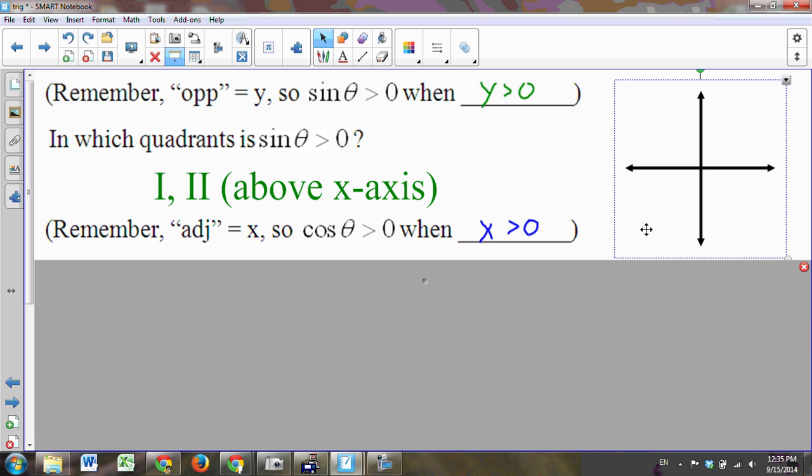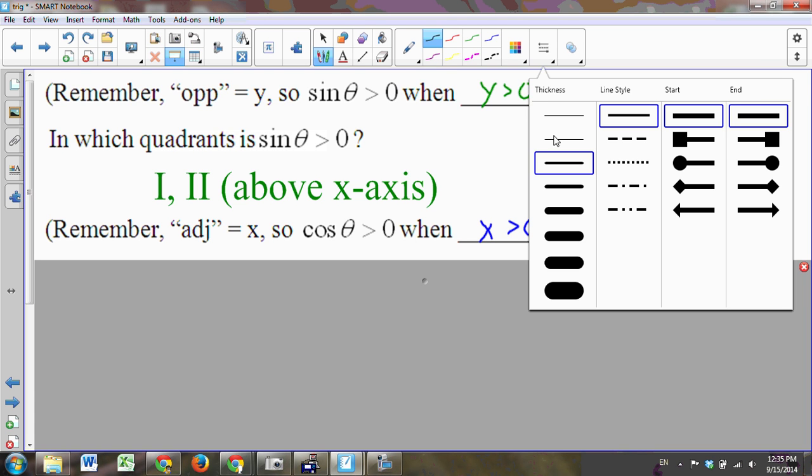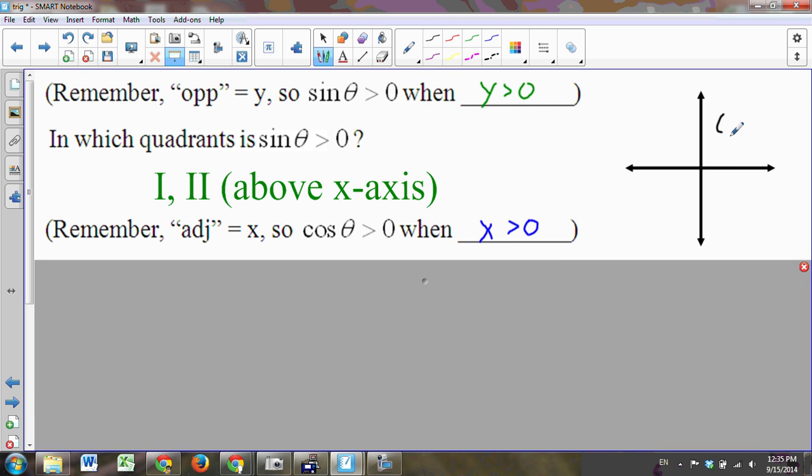But just as a reminder, in the first quadrant, we've got positive x's and positive y's. In the second quadrant, we've got negative x's and positive y's. In the third quadrant, we've got negative x's and negative y's.